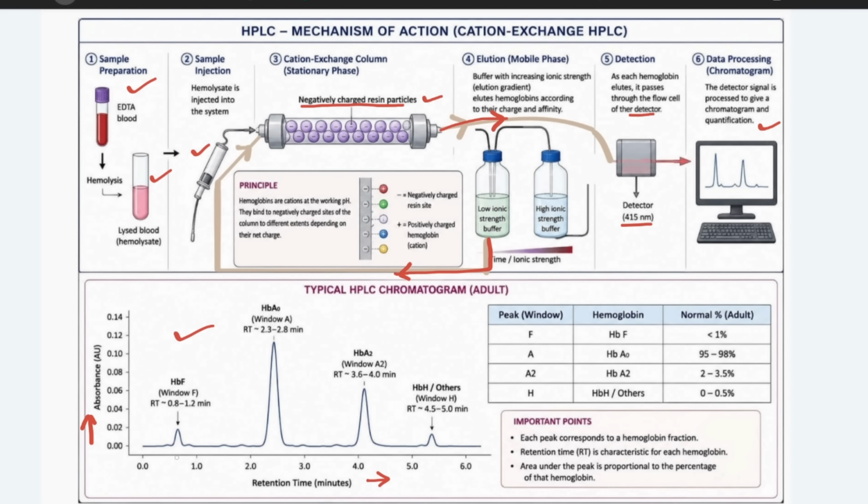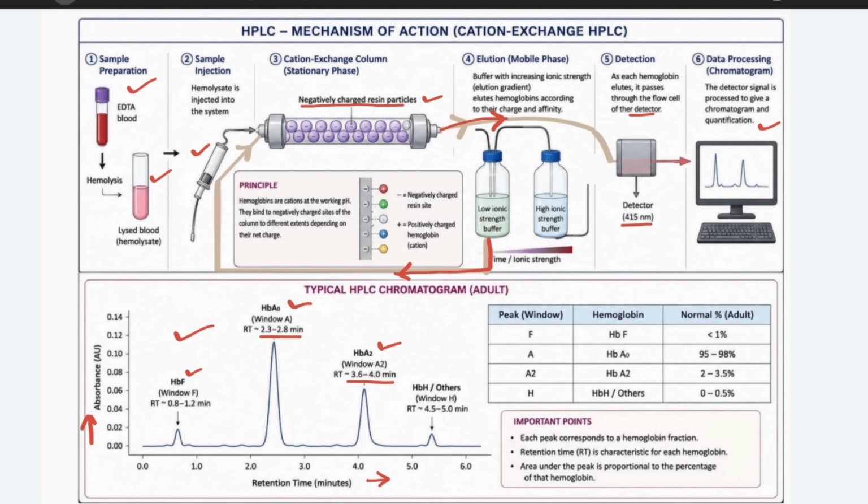That is, at about 1 minute retention time, we know that the hemoglobin fraction which is coming out is fetal hemoglobin, between 0.8 to 1.2 minutes. In the same manner, the adult hemoglobin comes out between 2.3 to 2.8 minutes, and HbA2 comes out last between 3.6 to 4 minutes.